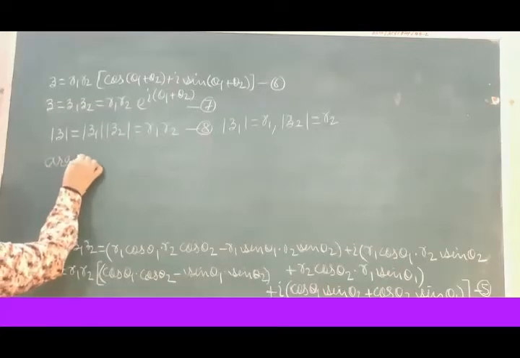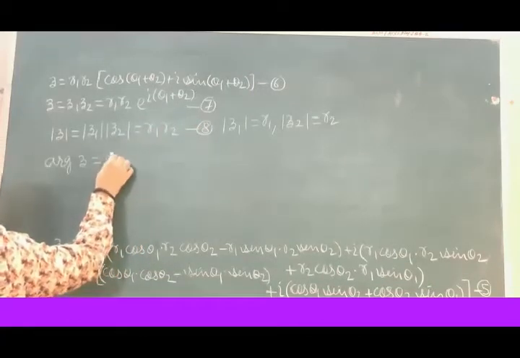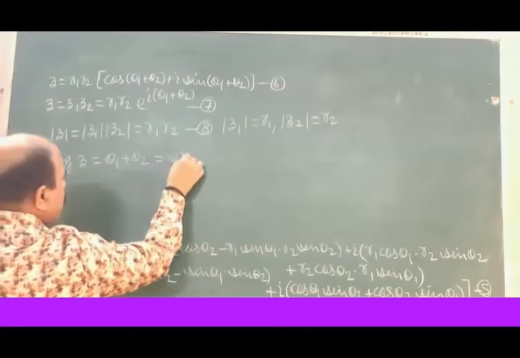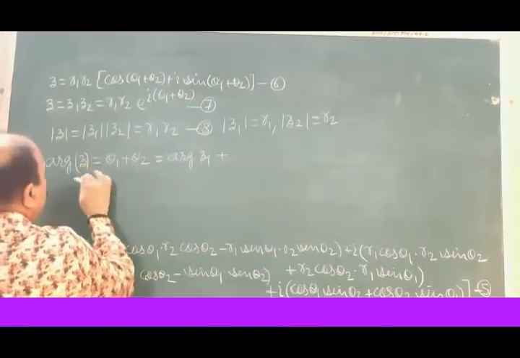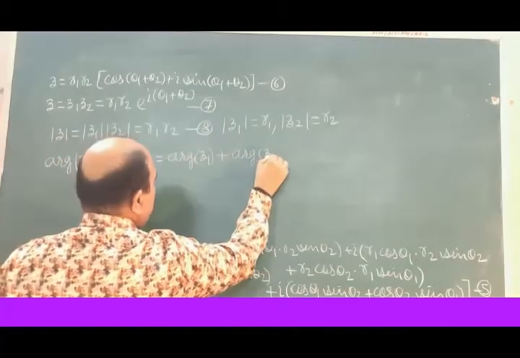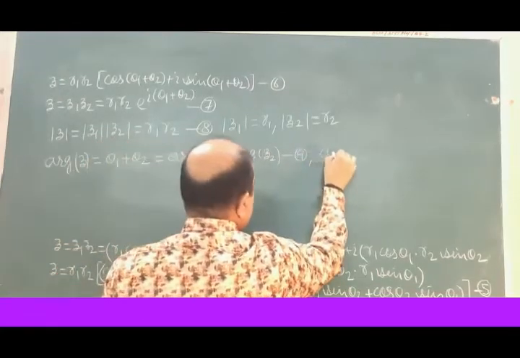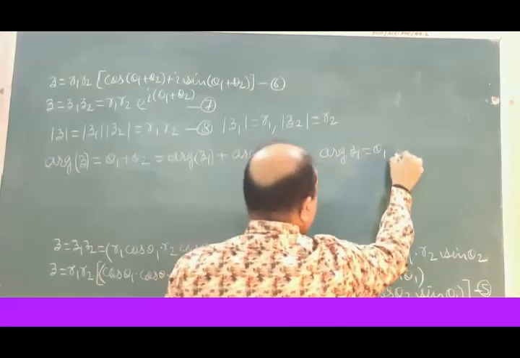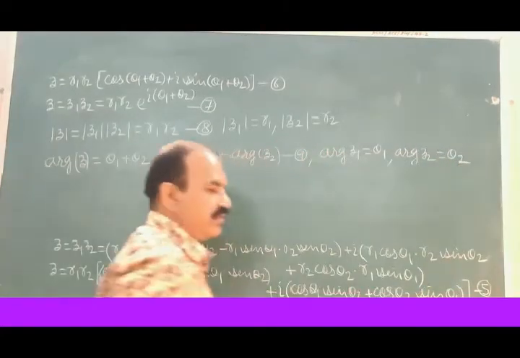Argument of complex number z is here theta 1 plus theta 2, that is nothing but argument of z1 plus argument of z2, equation number 9, because argument of z1 from equation 1 is theta 1 and argument of z2 from equation 2 is theta 2.